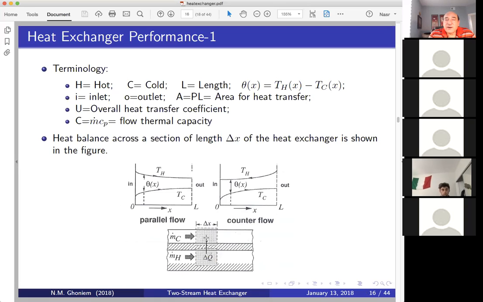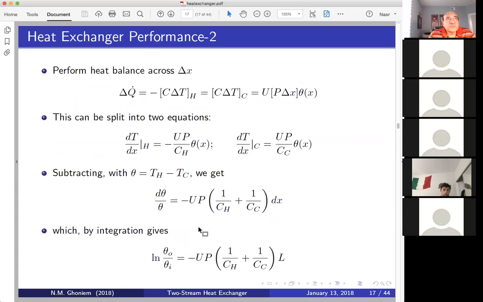We can say the power is lost from the hot, the power is gained by the cold, the power is transferred from the hot to the cold. Three different ways. And that's what we have here. Delta Q dot, lost from the hot, negative, gained by the cold, positive, transferred through the resistances.